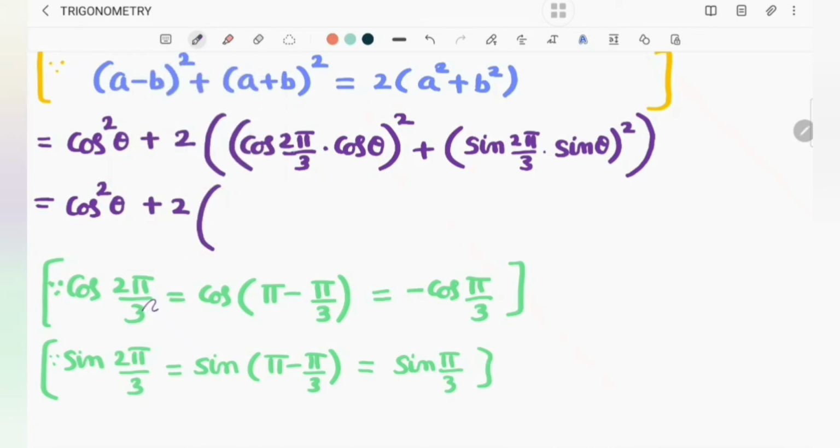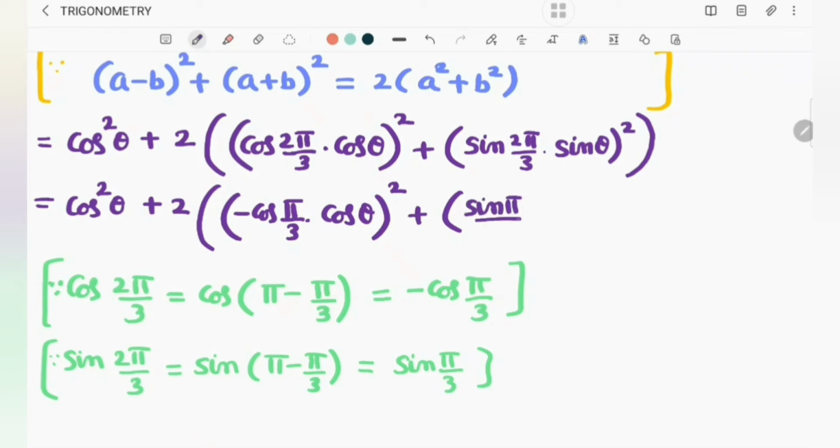So cos 2 pi by 3 means minus cos pi by 3, minus cos pi by 3 into cos theta whole square, plus sin 2 pi by 3 means sin pi by 3 into sin theta whole square.